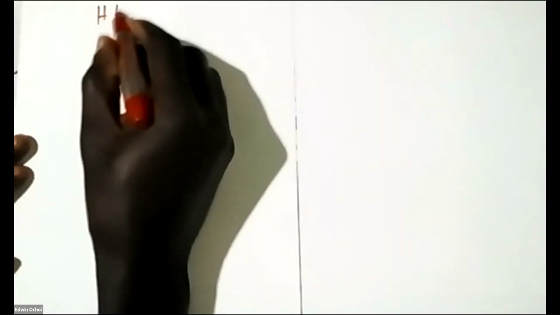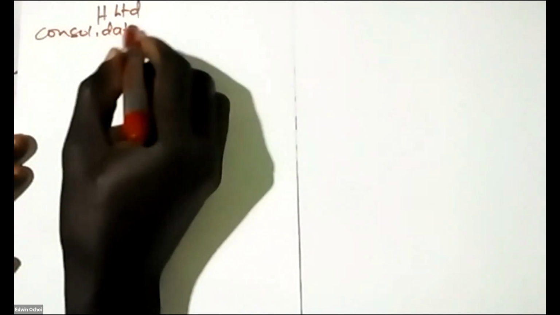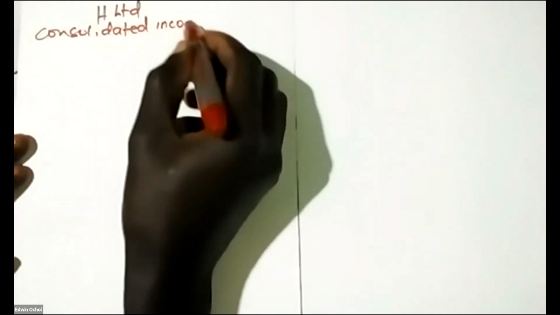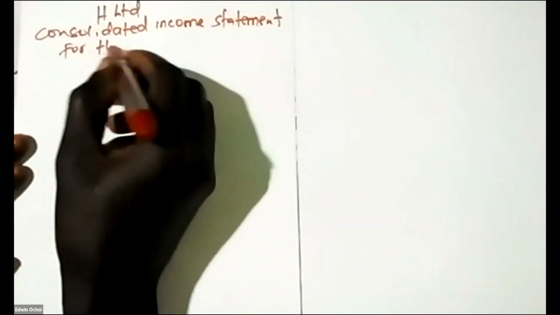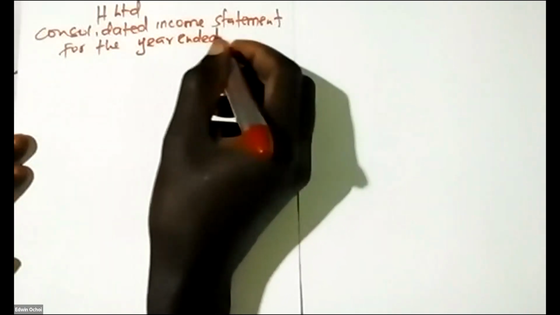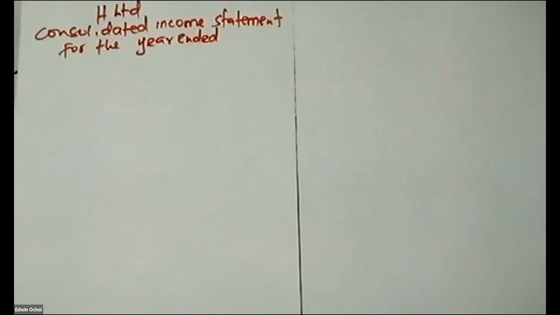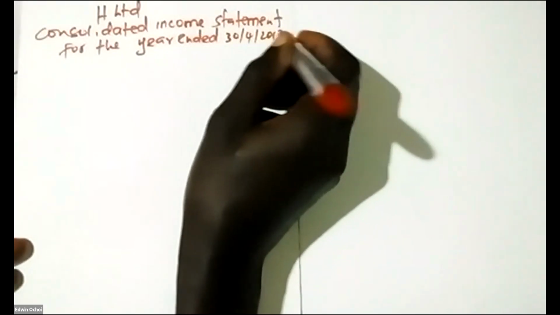So what I'm supposed to do, remember that this is concerning H. So H Limited, consolidated income statement for the year ended 30th April 2012.